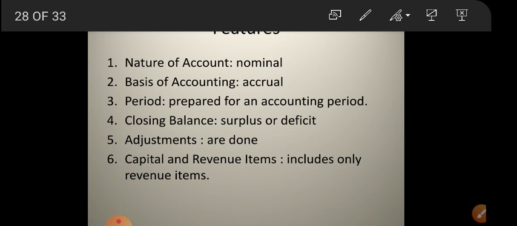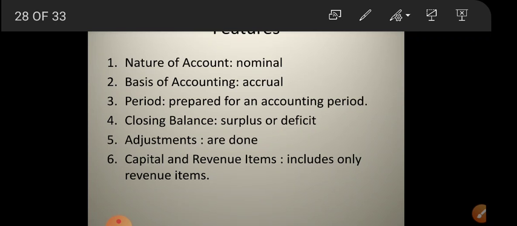But it is not applicable in income and expenditure account. Only income and expenditure related to the current accounting period will be written.